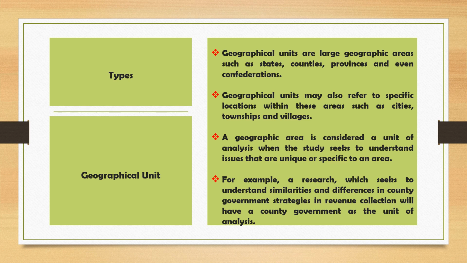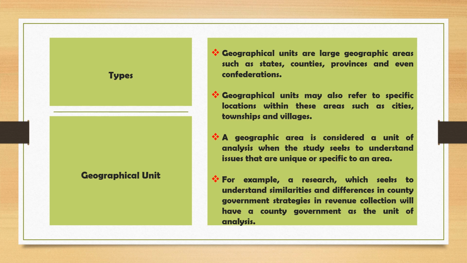Confederations can be a collection of various states, like what we have under the East African Community, the Kenya, Uganda, Tanzania, Somalia recently, DRC, Burundi, Rwanda, and South Sudan. They form a confederation of East African. So that can also be a geographical unit.